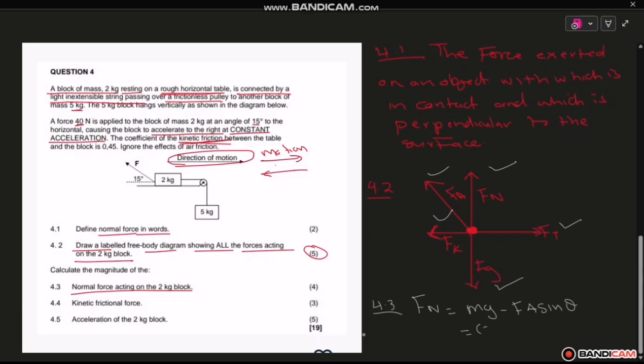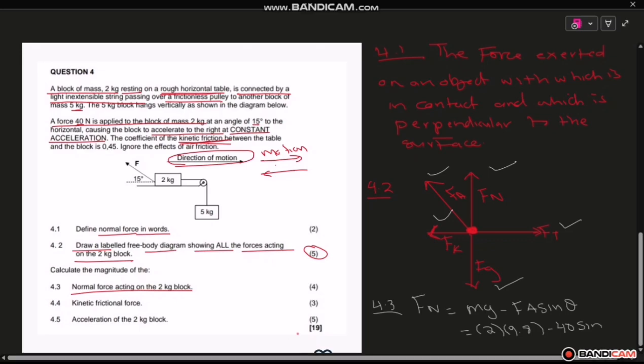We do have the value of m. It is 2 times 9.8 minus Fa, which is 40 Newton as we are given here. 40 Newton is applied, meaning that's the force applied. So we're going to write 40 sine of the angle. The angle that we're given is 15.